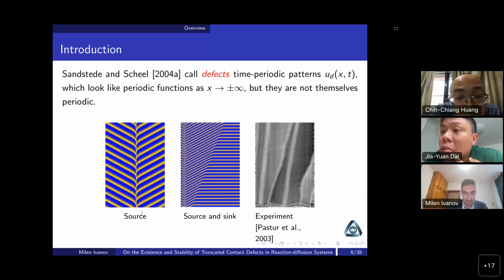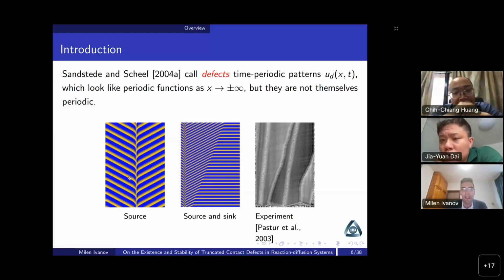For example, these are other images of sources and sinks, so-called, where, as x becomes very large, again x is horizontal, time is vertical, these look periodic. These certainly look time periodic. However, this does not look like a homogeneous pattern. There is a defect inside.